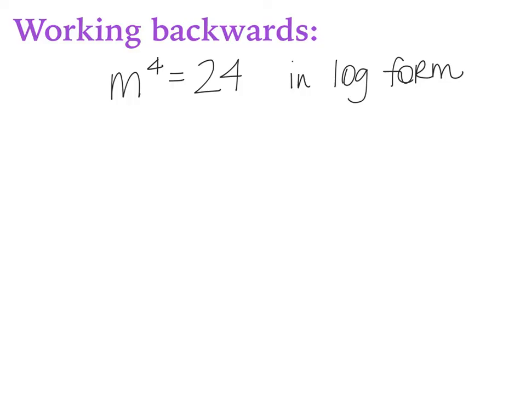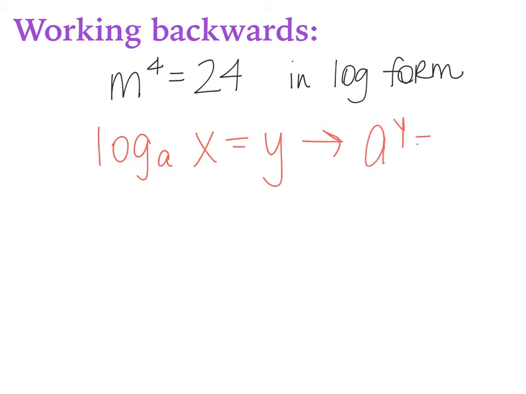So now let's work backwards. Let's take an exponential equation and turn it into a logarithm. Knowing what I know, log base a of x equals y transforms into a to the y equals x, remember, because of this. Let's just plug in what I know.